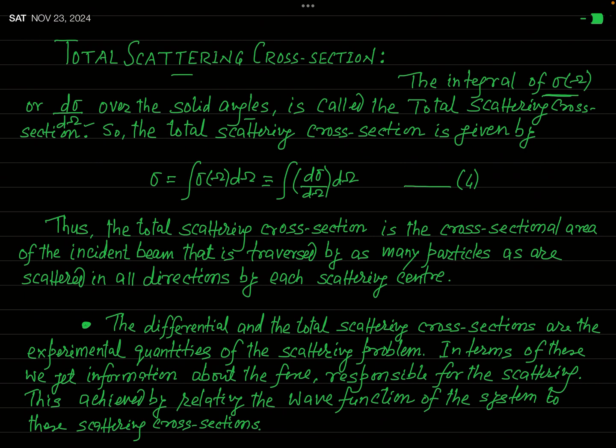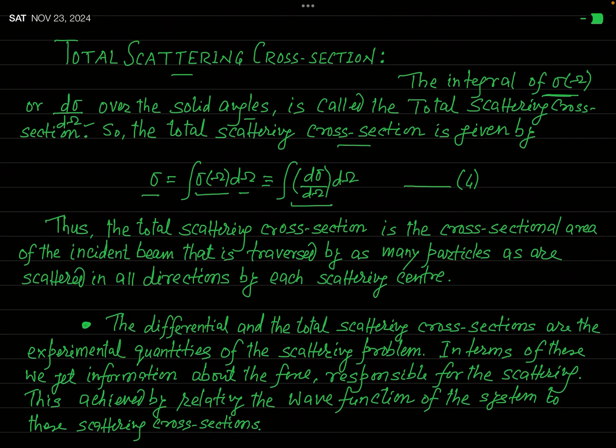So the total scattering cross section you can write by the symbol sigma or sigma total, and that is simply equal to the integral of sigma of omega d omega, or instead of sigma of omega you can also write d sigma by d omega, and it is obvious that this integral will be sigma.